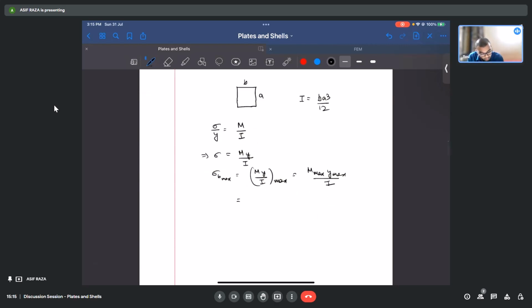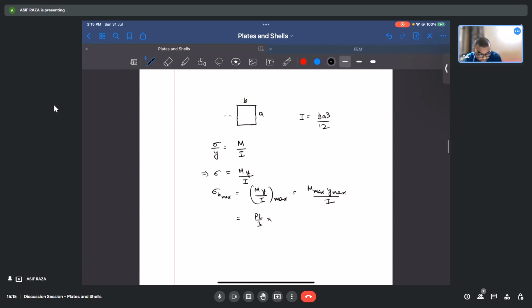Now the M max is what? PL by 3. Y max, so what is Y max? We are given the section, Y max would be this topmost point. So this is what? A by 2. This is A, this is B, so this is A by 2. And the moment of inertia is BA cubed by 12.